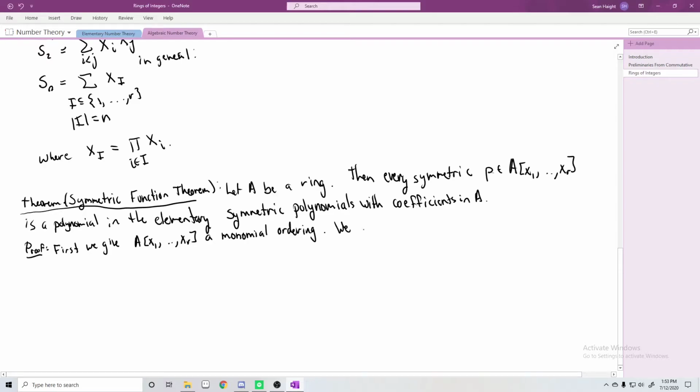So how do we compare two monomials? Well, we say one monomial, x1^i1 through xr^ir, is bigger than another if one of the following two things happens.